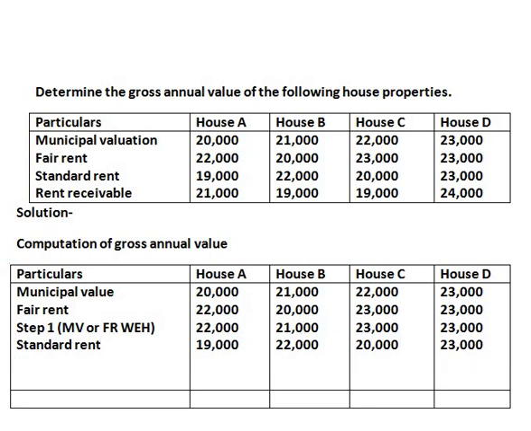Now the answer of step 2 is step 1 or standard rent, whichever is less. The answer of the first step is municipal value or fair rental value, whichever is higher. But the answer of the second step is the answer of the first step or standard rent, whichever is less.